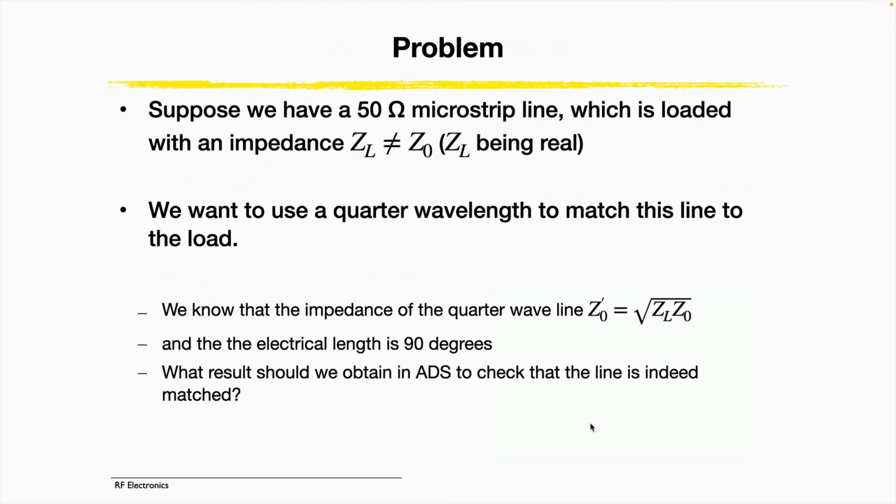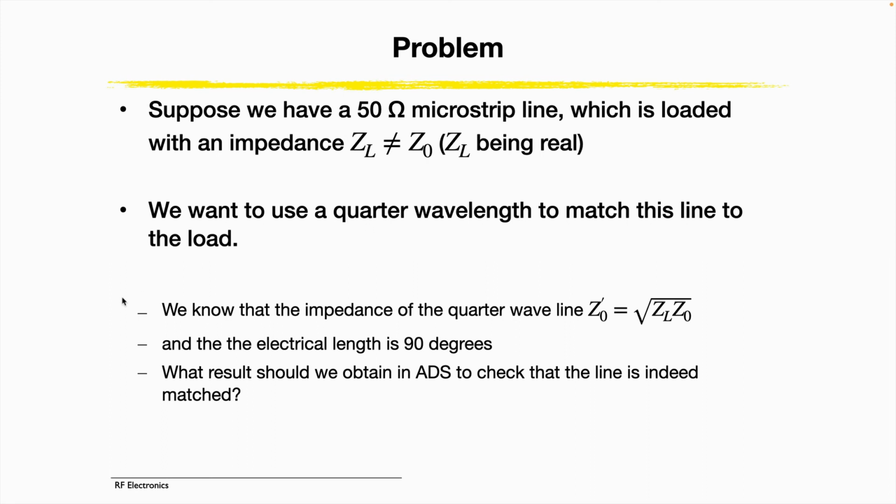Okay, and now our problem today is to assume that we have a 50 ohm microstrip line, which is loaded with an impedance. The line and the load are not matched, and we want to use a quarter wavelength to match this line to the load.